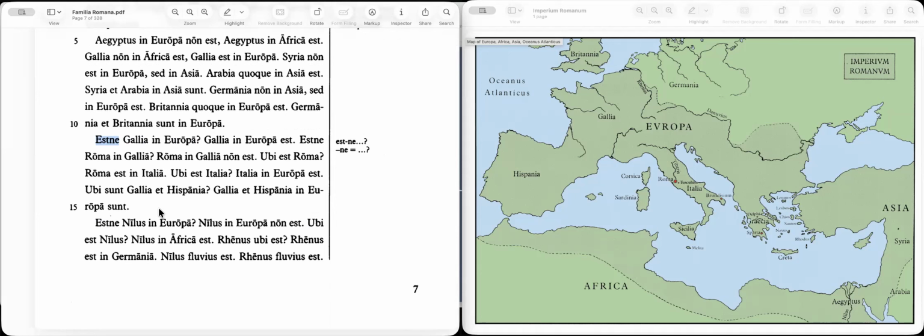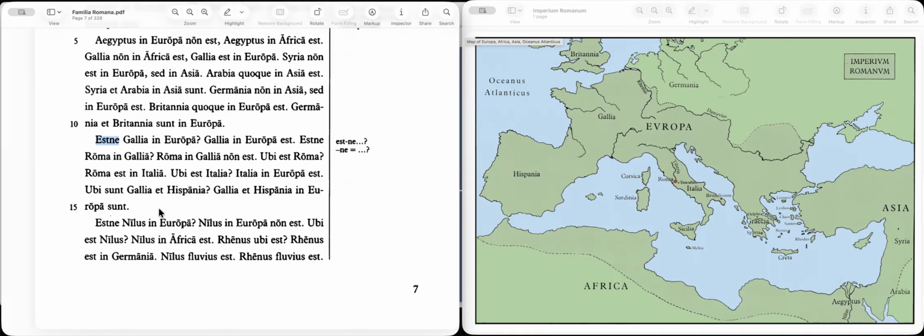But once you have that handle, you don't want to rely on translation as a crutch. Because if every time you read a Latin phrase you mentally go, this means this in English, that means that in English, instead of thinking of the concept or the abstract form of it, that will just slow you down. You're using English as an intermediate language, and that's very inefficient, and it will make it more difficult later on.